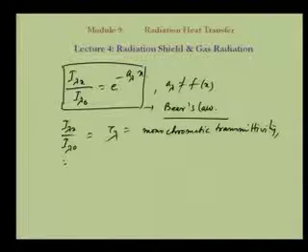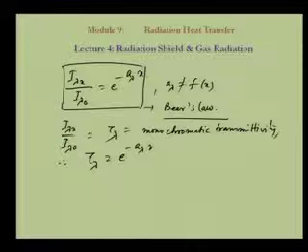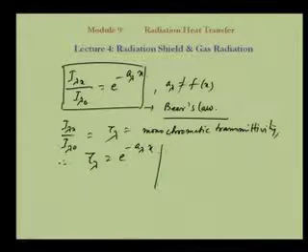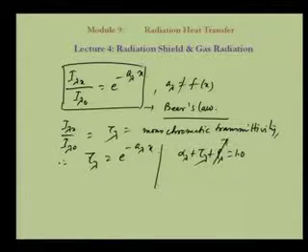So then tau lambda, we can write tau lambda is equal to e to the power minus a lambda x. Again we know that alpha lambda plus tau lambda plus rho lambda will be equal to 1, but in this case we will assume rho lambda is equal to 0, that means there is no reflection.